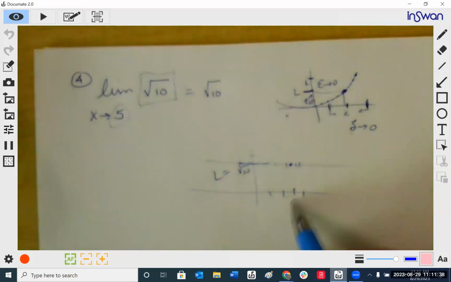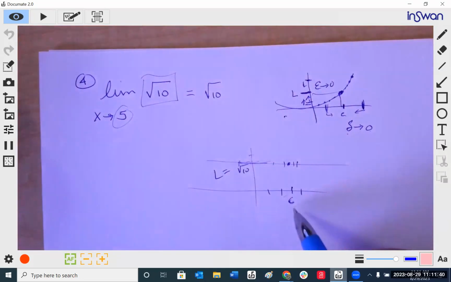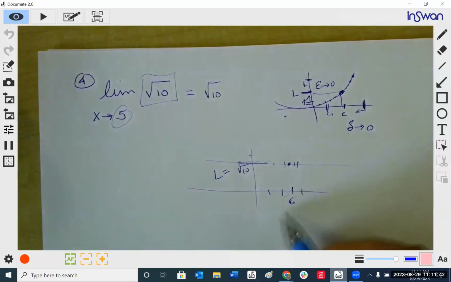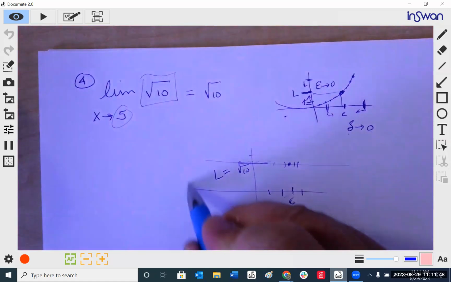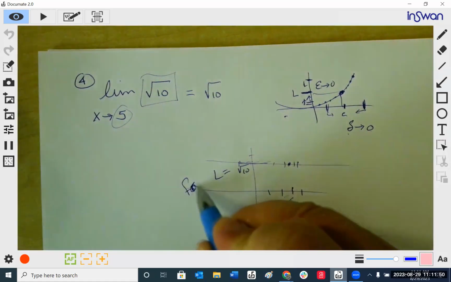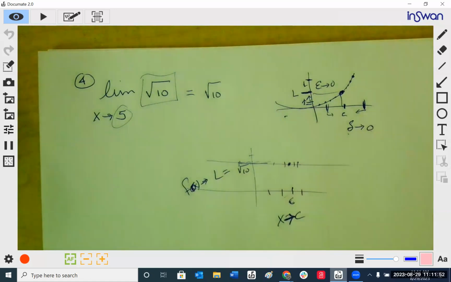These are the inputs. You're eventually getting close to a value c. That's your x value. As x approaches some value c, our function approaches some value L, or limit value. And that's what it's all about. But there are a whole bunch of different rules about that, as there are with derivatives.